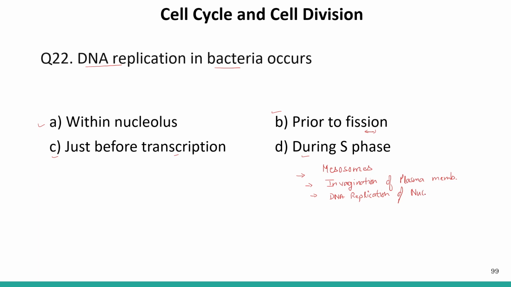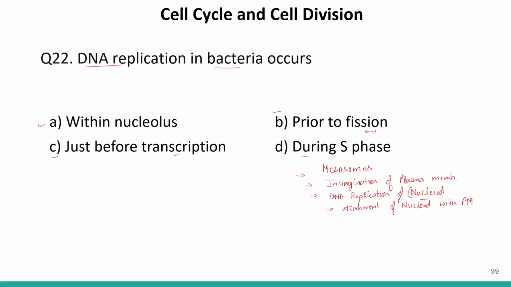Prokaryotic cells contain a nucleoid, and it also helps in the attachment of the nucleoid with the plasma membrane.